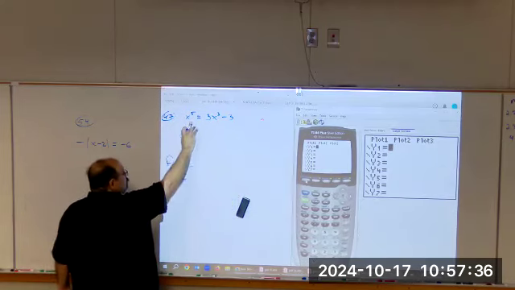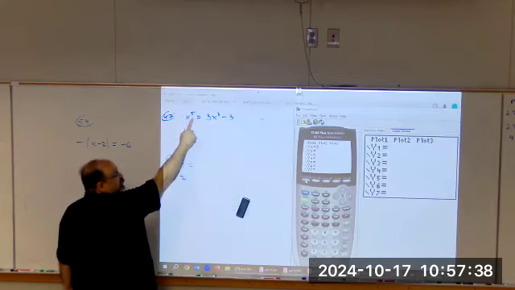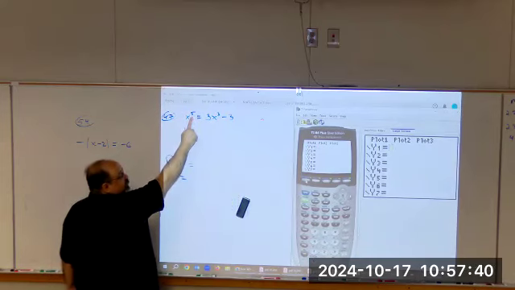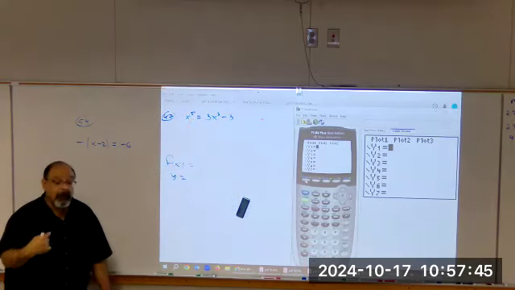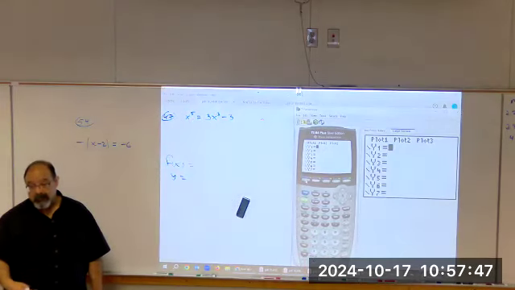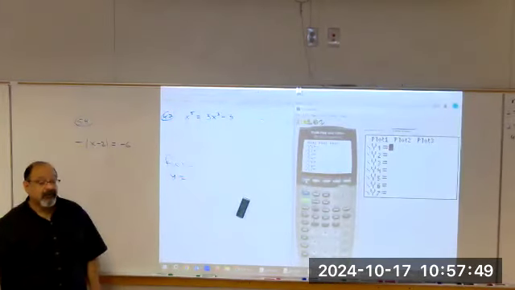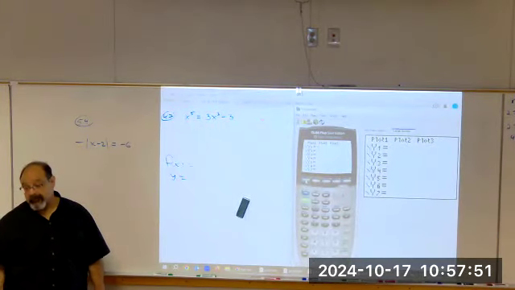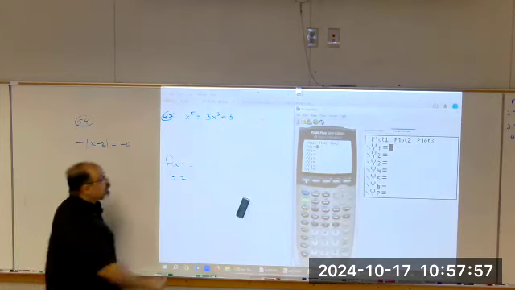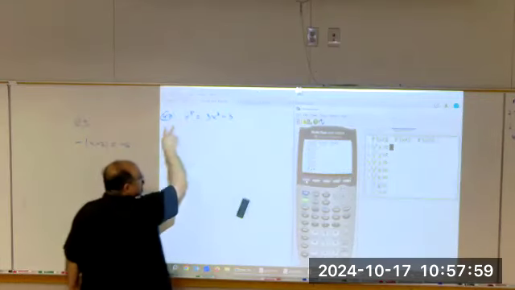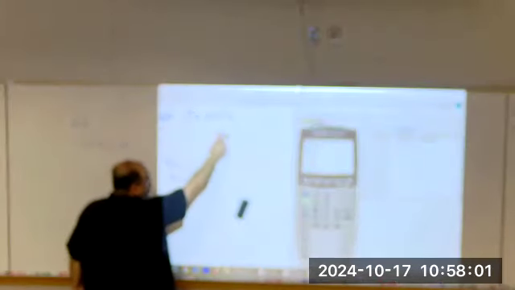Here's what I really recommend. The biggest power in the whole equation is x to the fifth. You're going to want to work with positive x to the fifth instead of negative x to the fifth. Or whatever the biggest power is, you're going to want to keep it positive. If that means moving these two over to the left, then that's what you got to do.